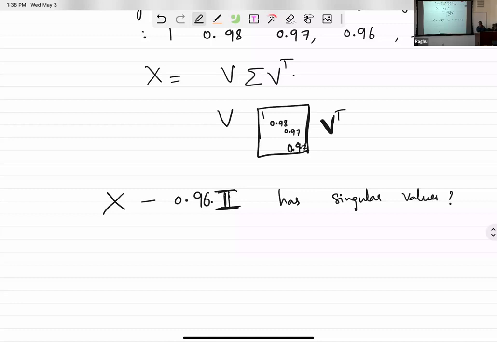Take a guess. Exactly. You're subtracting identity, which is the nicest matrix. So you have 0.04, 0.02, and then 0.01, and so on up to 0.01.